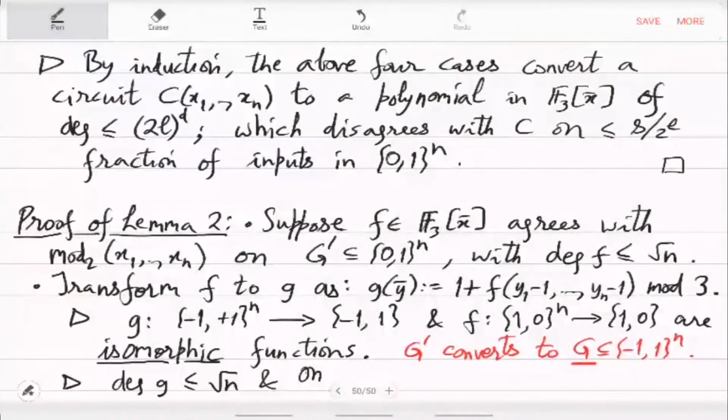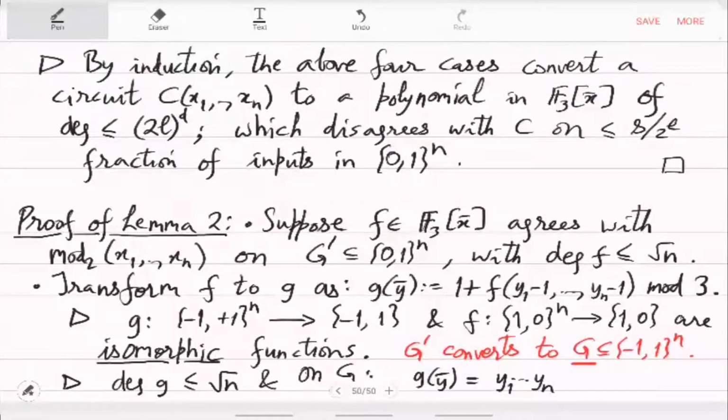So on this subset big G, what is the property of small g? It is equal to the product, okay, because small g is supposed to be mod 2, the parity in the 0-1 setting. Now when you move to +1 -1 setting, then the parity is just product, right?